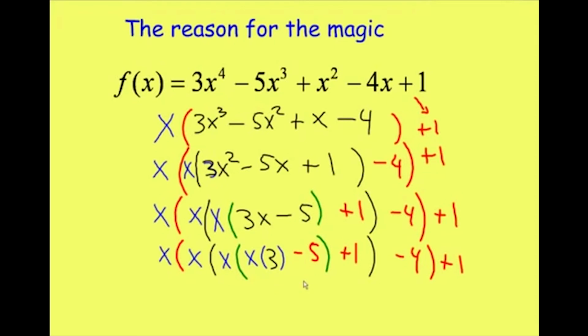And so what it's asking me to do is take an x value. In this case, our x value was 2. So I dropped the 3 down and multiplied it by an x of 2. Added it to a negative 5. That was the adding down step, adding to the previous coefficient.